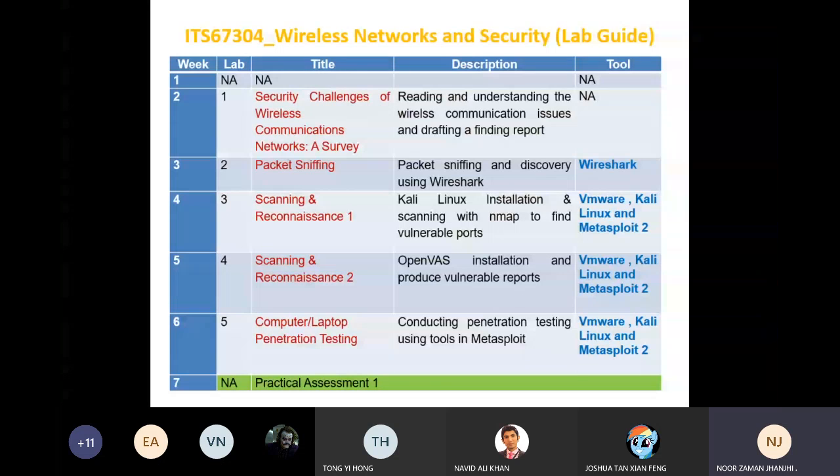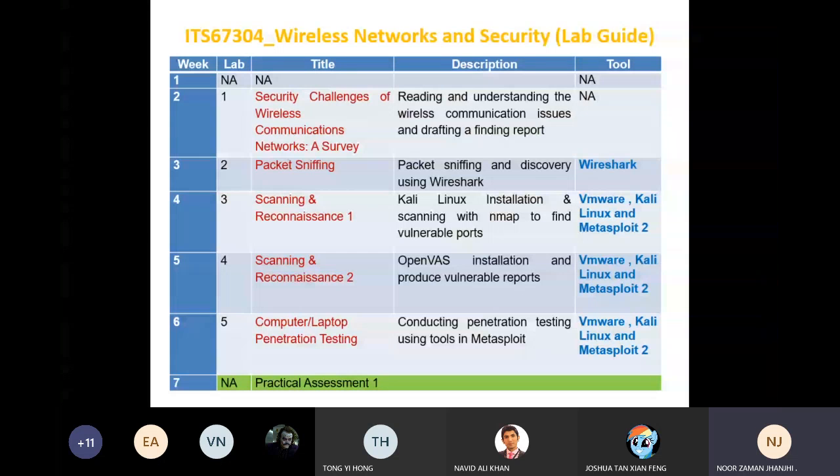Then, after scanning our target machine Metasploitable 2, we will find out how many vulnerabilities there are, especially how many ports are open, which can be vulnerable, or which hackers can misuse.